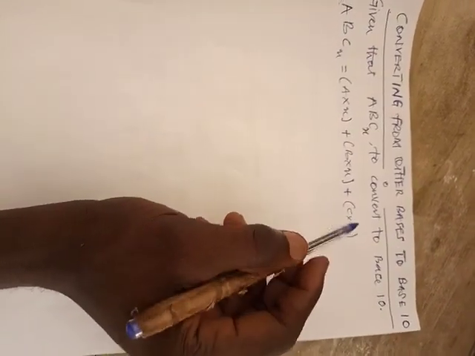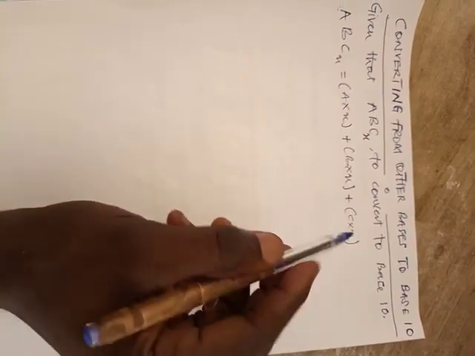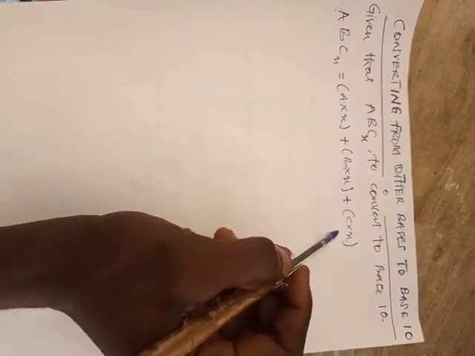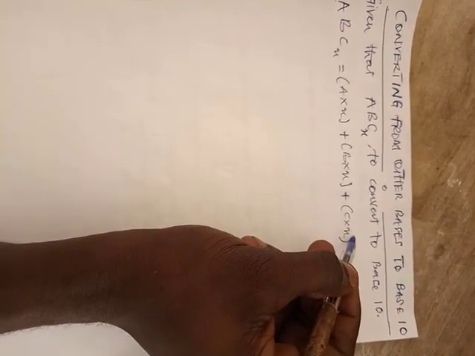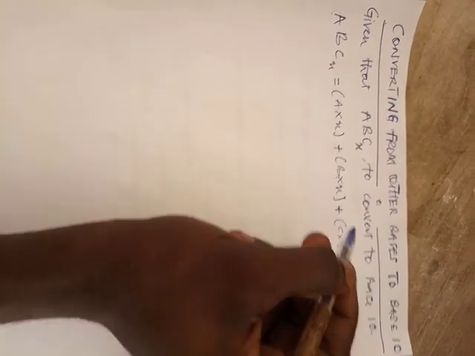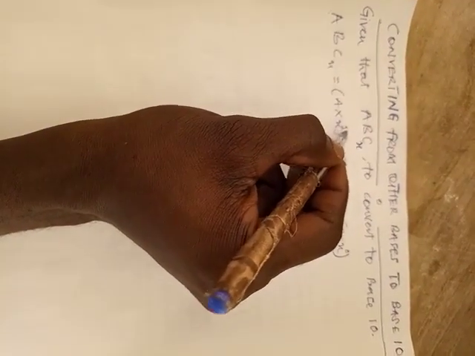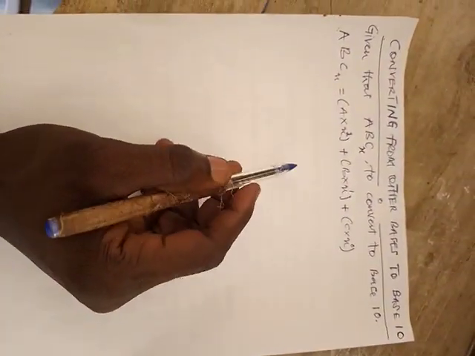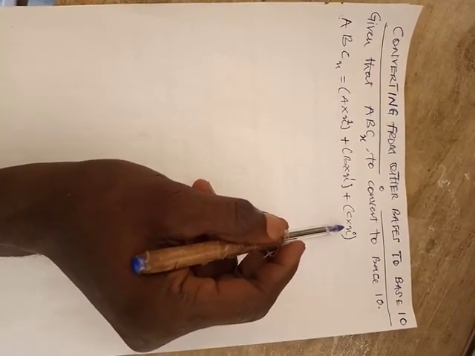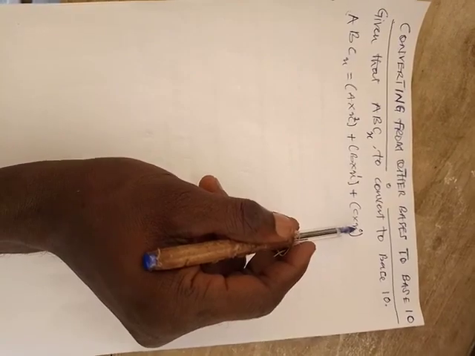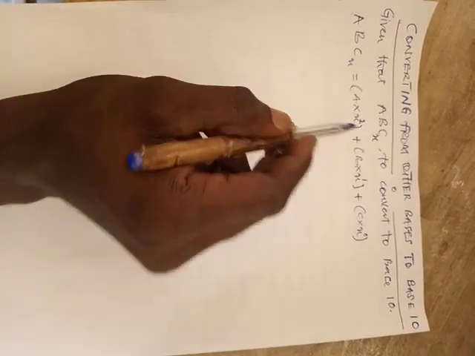Having done that, you are going to introduce an exponent beginning from 0, 1, and 2. Now the exponent you've introduced affects these numbers alone. It affects this x here, it affects this, it affects that.